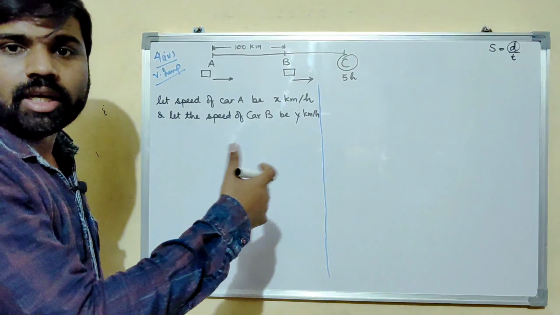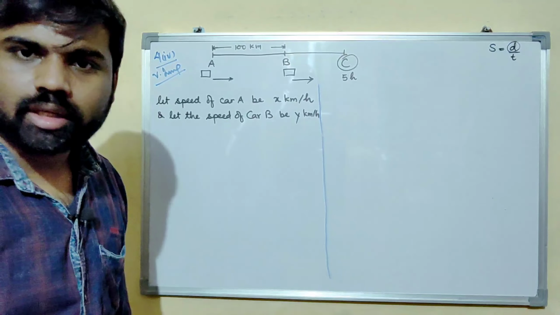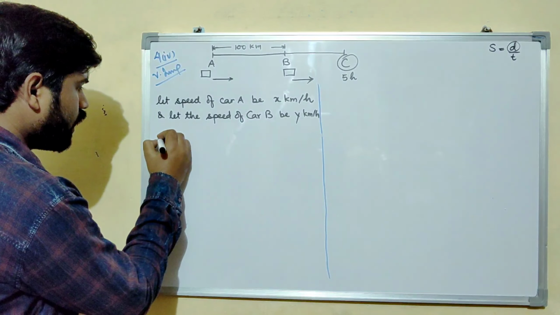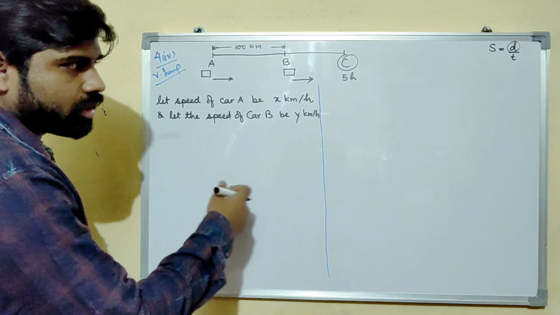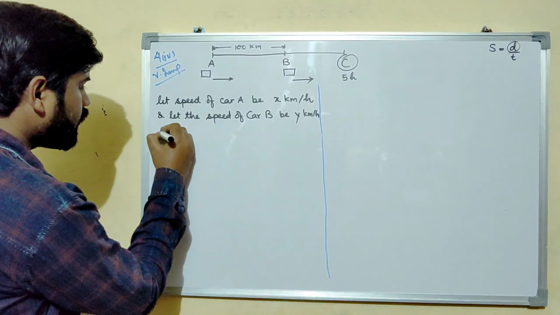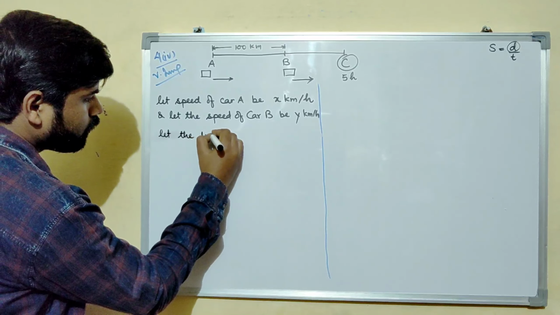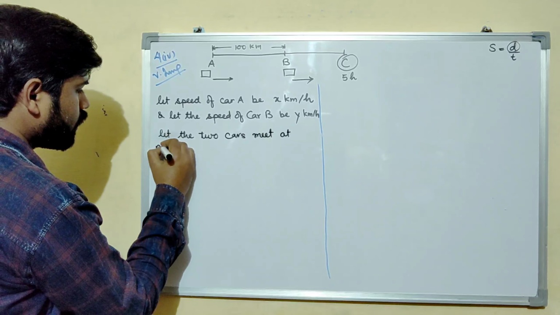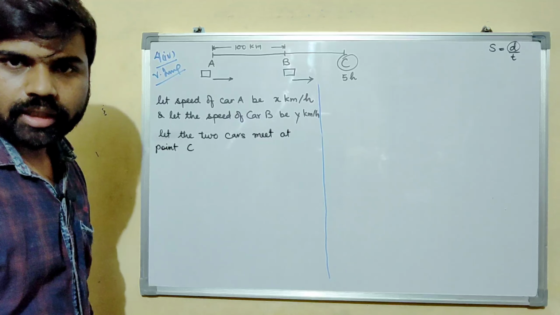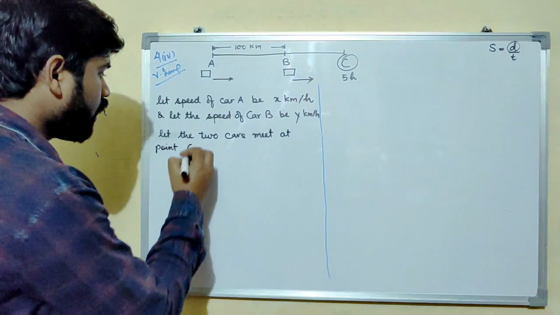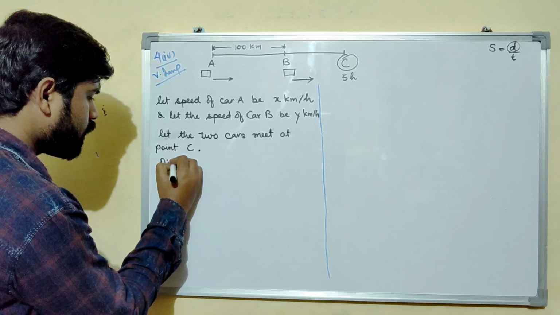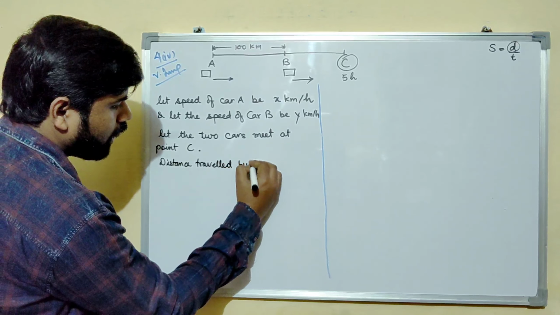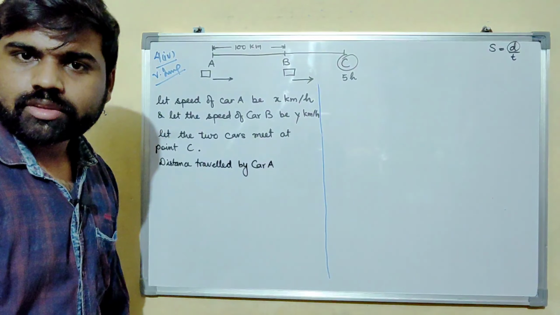First of all, let us find the distance traveled by car A and car B. Mention in the answer what this point C is. Let the two cars meet at point C. Now, distance traveled by car A. What is the distance traveled by car A?